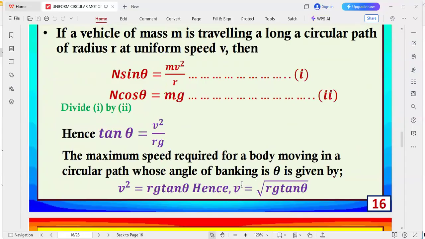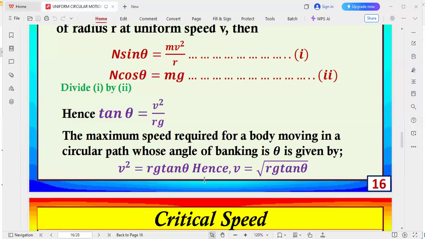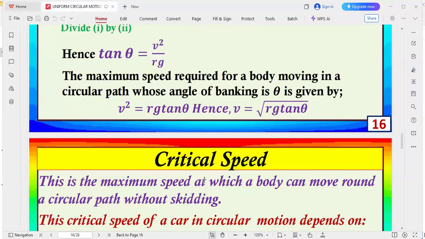So when you reach a corner of a road and you see a very big sign written 30, that's called critical speed. And you're not supposed to exceed that speed. If you do, then the vehicle skids out of the road. Now, how do we define the critical speed?